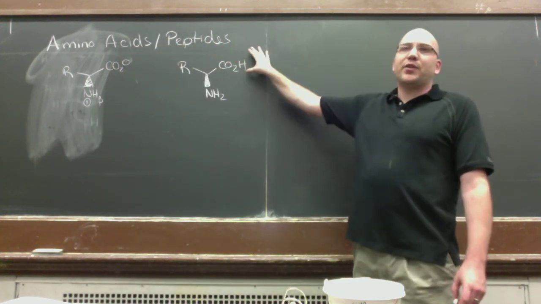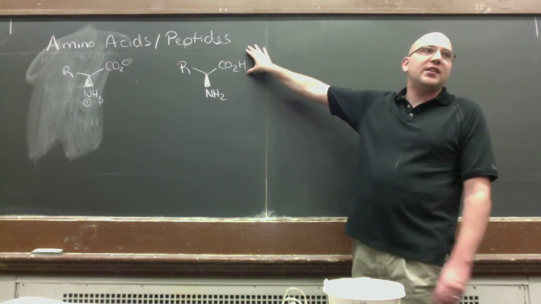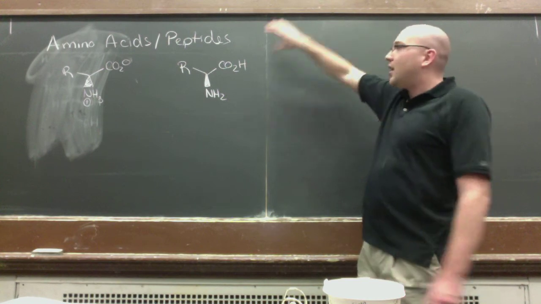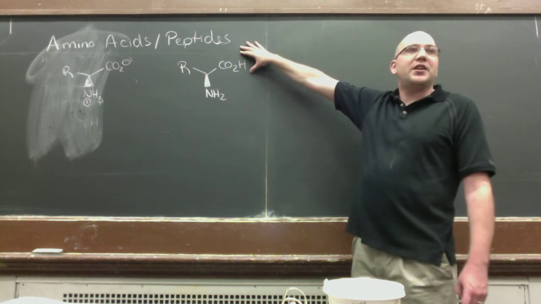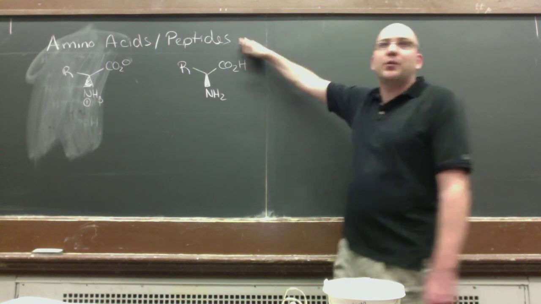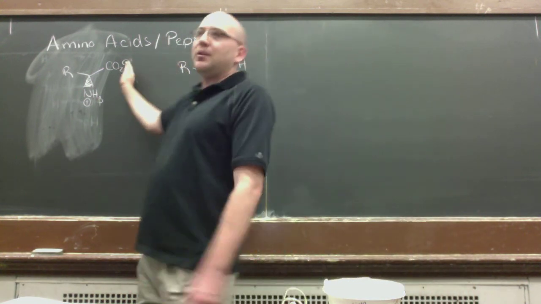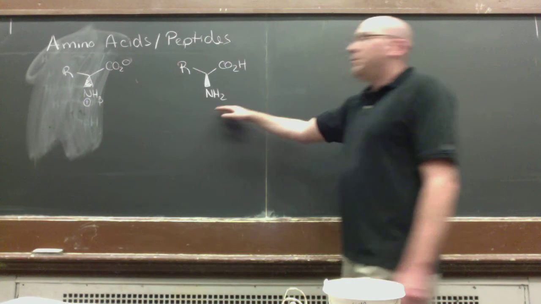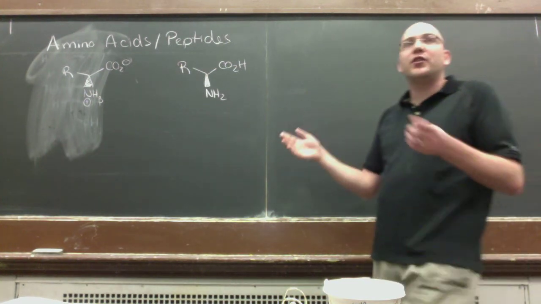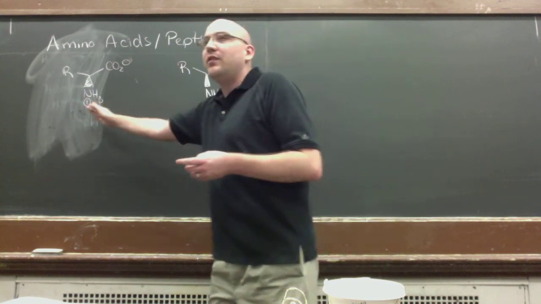And if you remember what the pK of a carboxylic acid is, somewhere around 3 to 5, in that range. So if you're at a pH above 5, it's going to be deprotonated. So at a pH of about 7.5 or so, it's going to be deprotonated. Then the pK of an amine, and what we're talking about here is the protonated versus unprotonated.